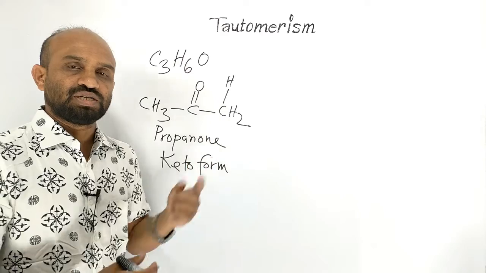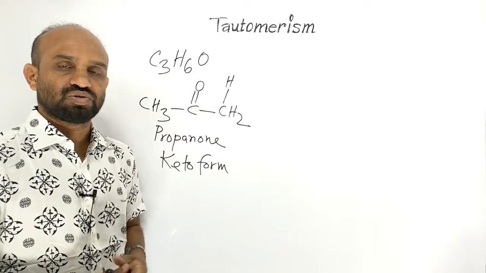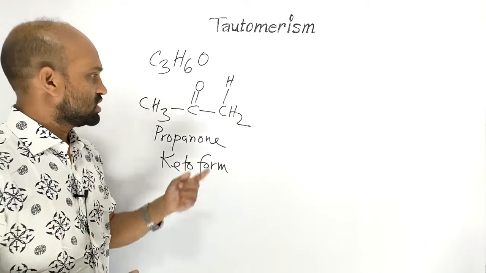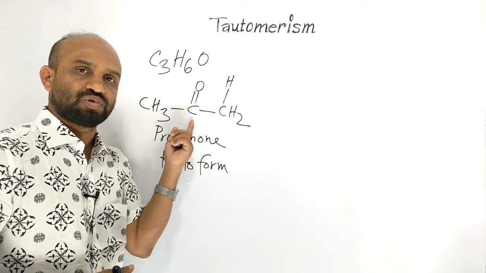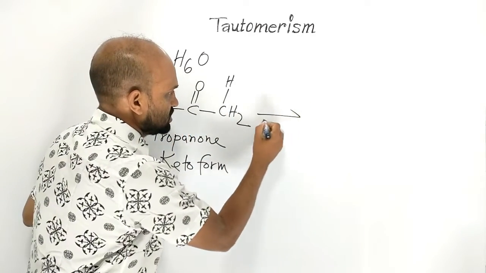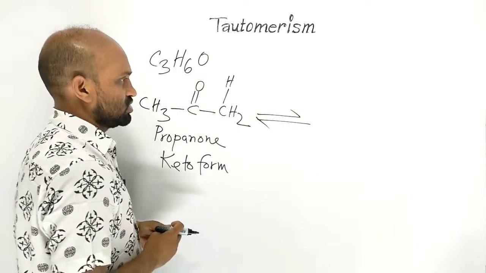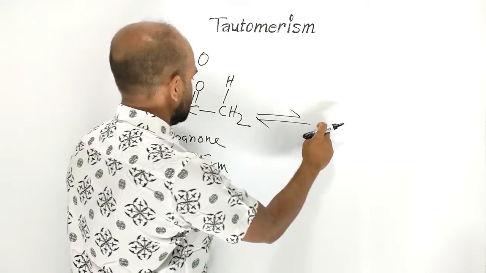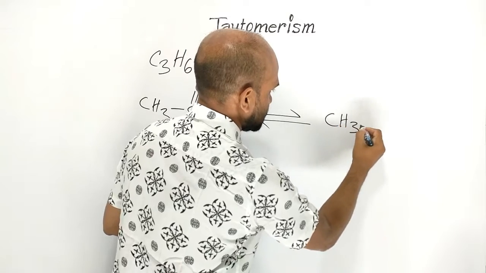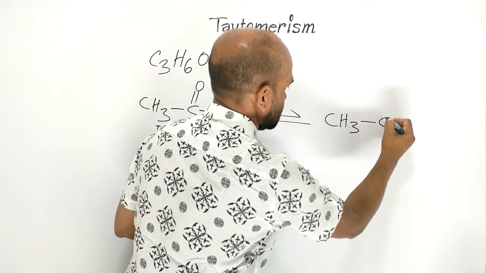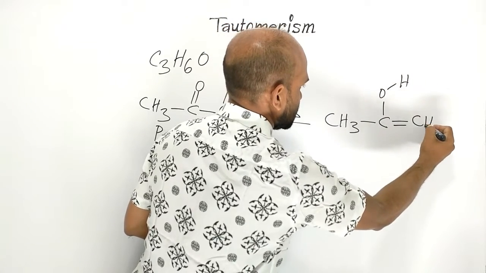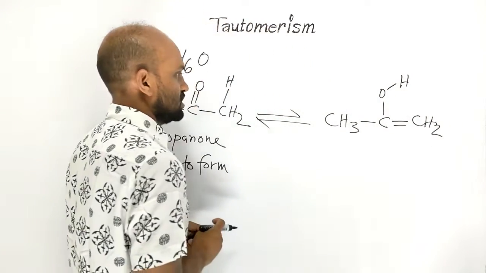This compound changes spontaneously to another isomer with a different functional group. This is the functional group, ketonic group or carbonyl group. It changes spontaneously to another isomer with a different functional group. The compound is CH3COH double bond CH2.